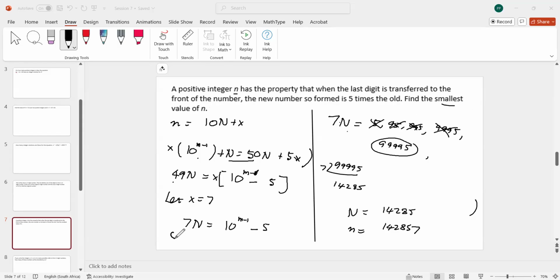If x is not 7, n will be larger. The small n will be greater than 142,857. You can check this out and try to argue it out, but therefore this will be the smallest, and that happens when x is 7.